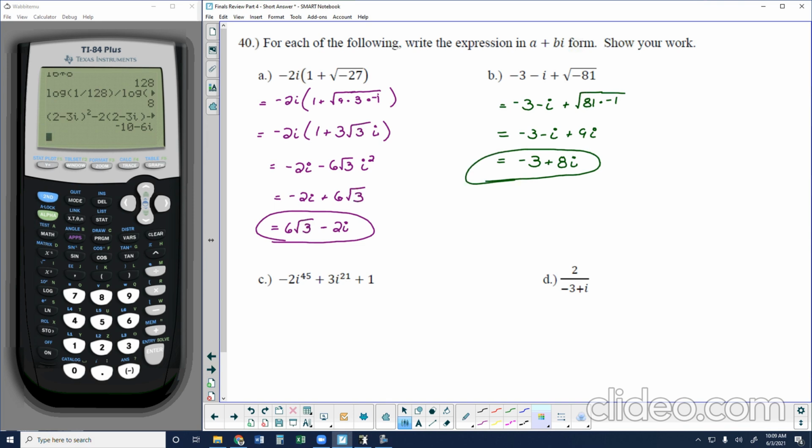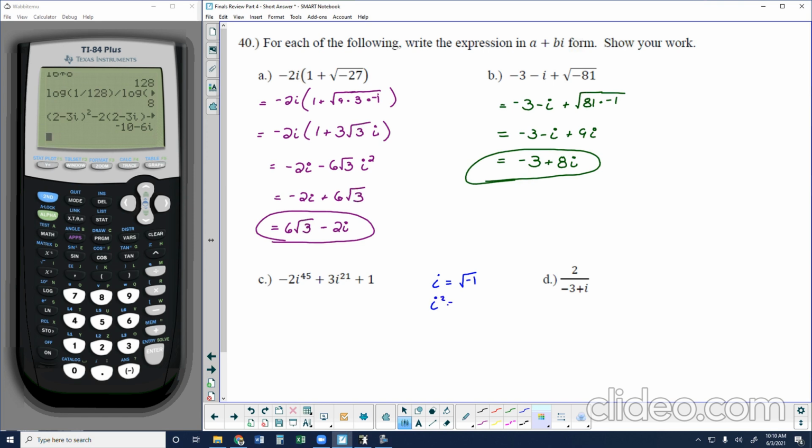So as we combine the i's, we can add and subtract their coefficients. Now, part C has multiples of i. And so if you remember back to the very beginning when we talked about imaginary numbers, we said that i was equal to the square root of -1.